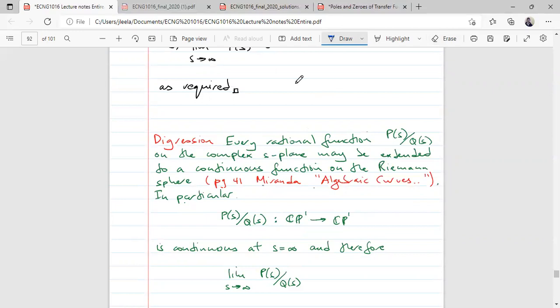digression. Every rational function P(s) over Q(s) on the complex s plane may be extended to a continuous function on the Riemann sphere.